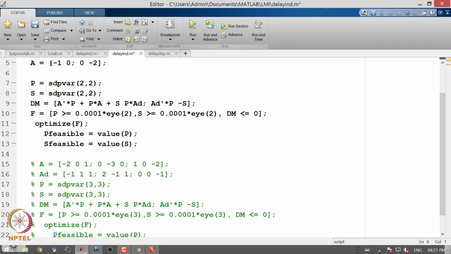The AD was just the identity, that is [1, 0; 0, 1]. Okay, and let's see if this works.